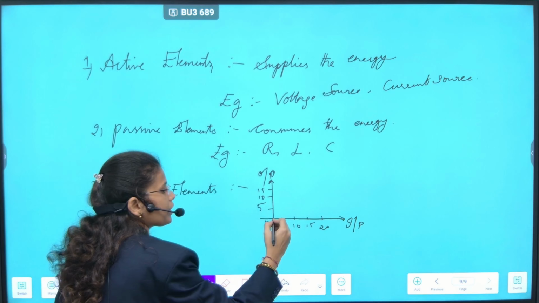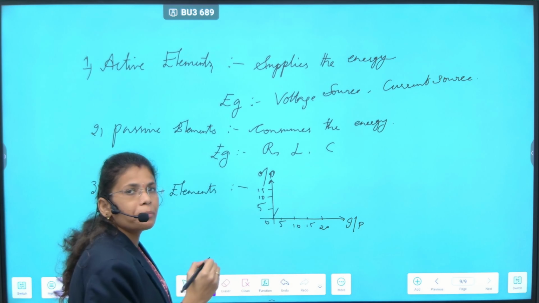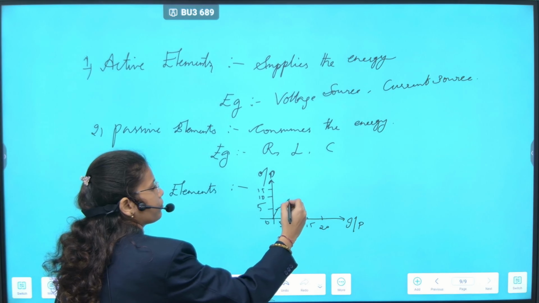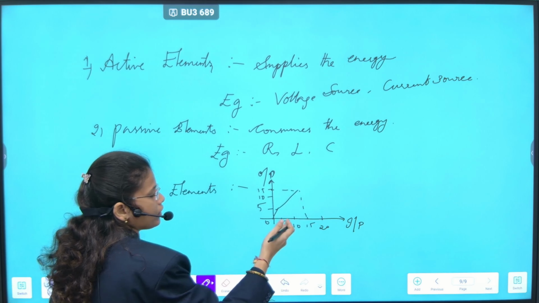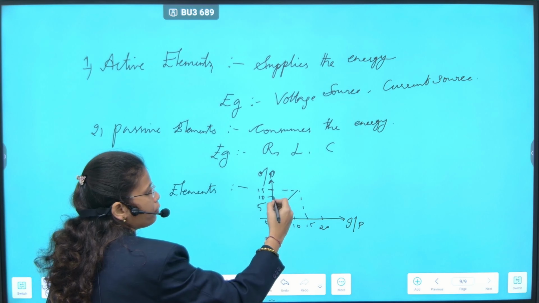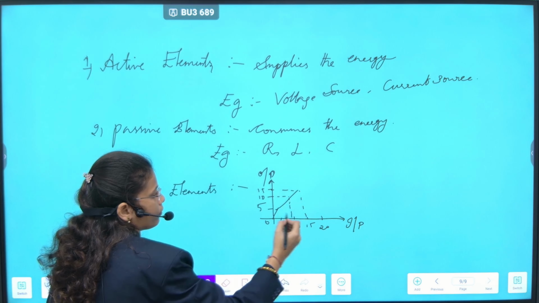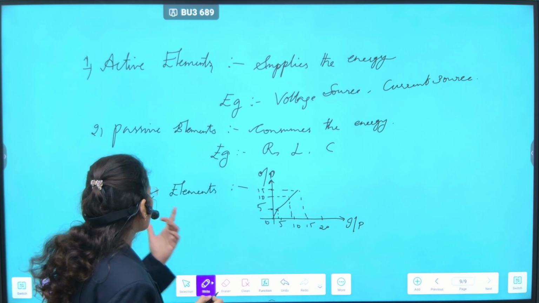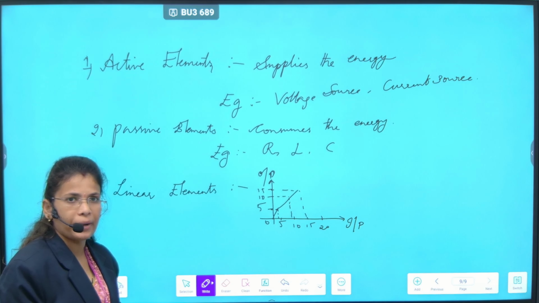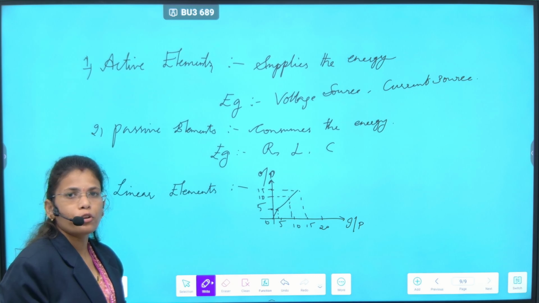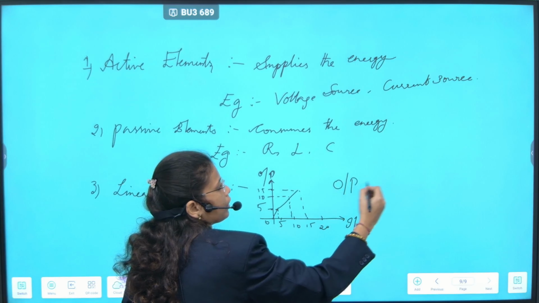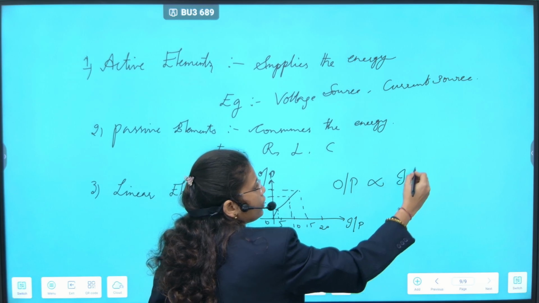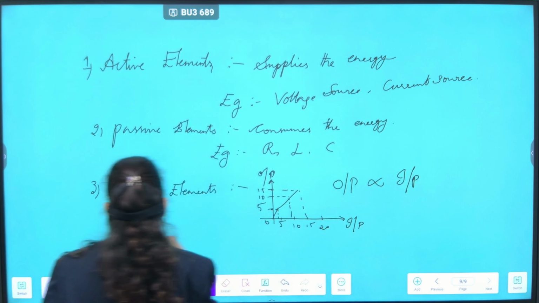When input is increased, the output should be automatically increased. If we increase the input to 15, then the output should be increased. Linear elements are the elements where the output of the element is directly proportional to the input of the element.